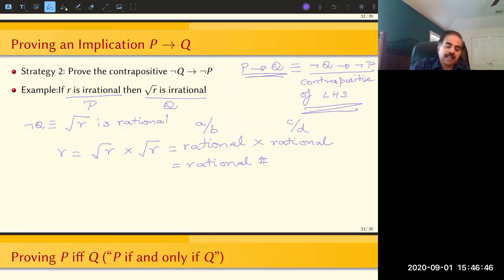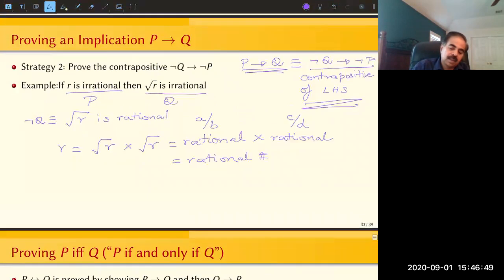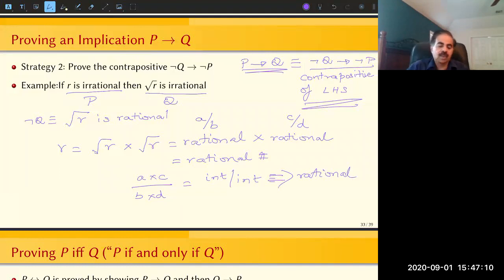So now if you multiply these two, then you get A times C divided by B times D, that is equal to integer divided by integer, which means it's rational, right? So we have shown that R is rational. Here P is R is irrational. So if we say that R is rational, that means we have proved not P, right?